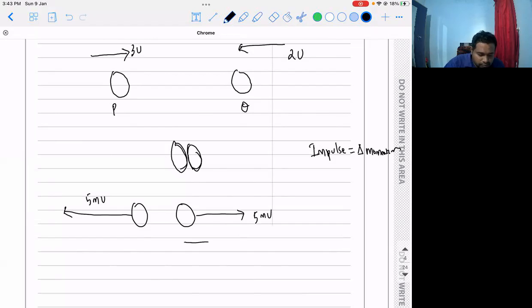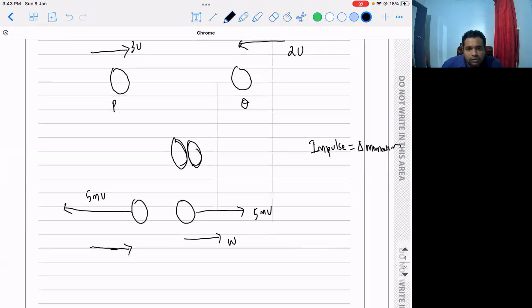And after this collision, the particles will move in their respective directions. I'm just assuming both are moving in the same direction. v and w are the final speeds after this collision. I hope this concept is clear. Okay, we'll proceed.